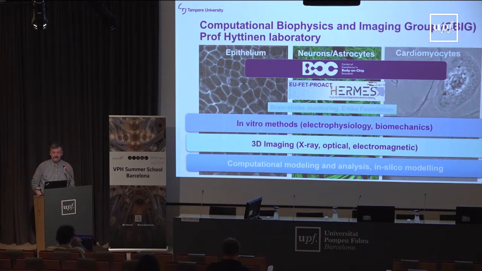I'll have maybe one or two pictures of that. What we are doing is cardiomyocytes, that is one area. We also do quite a lot of work on neurons and astrocytes especially, which is one type of neural cell in the brain. And the third type is epithelium, which is quite overlooked by modelers, but I'm not touching those today. I'm concentrating on the cardiomyocytes.